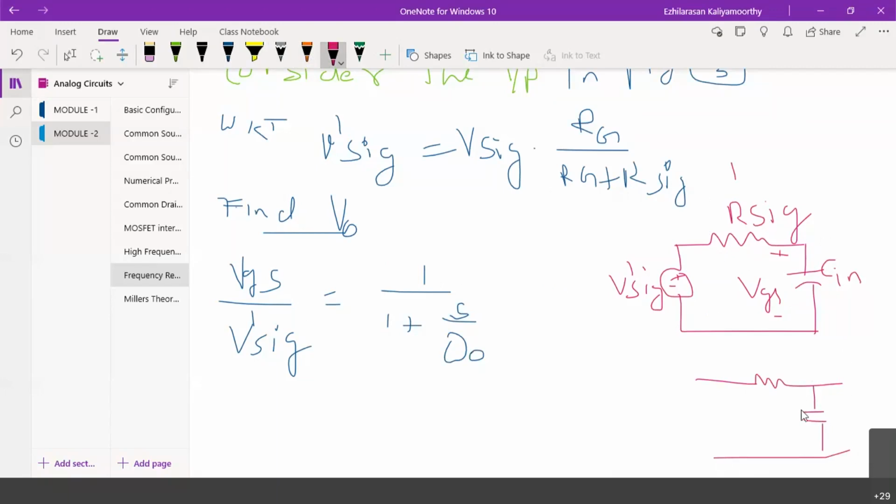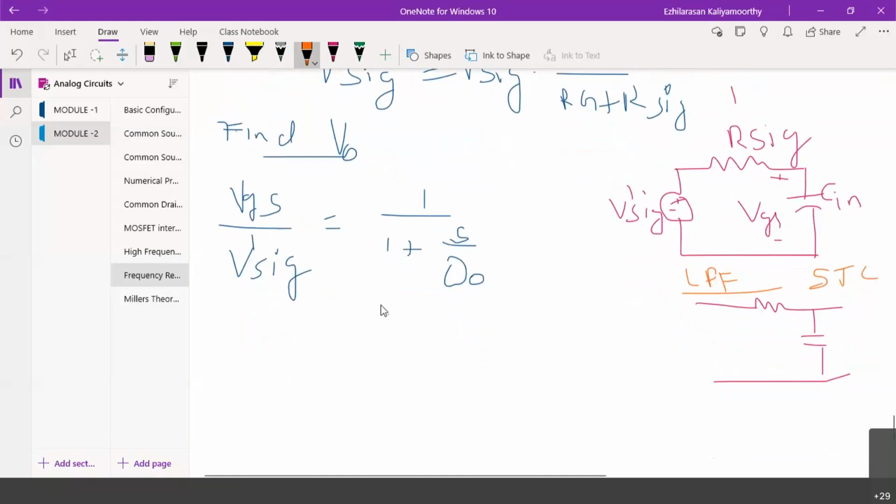Normally I can call it a low pass filter network, and that is called the standard time constant, STC. So for this one, output by input will be 1 by 1 plus S by omega naught. So now from this, let me write the VGS.